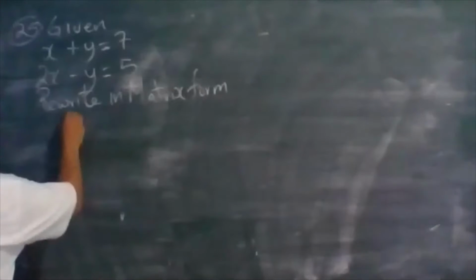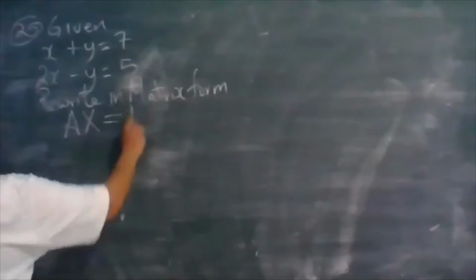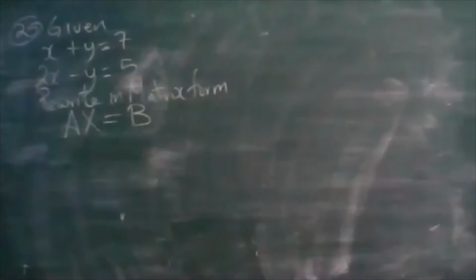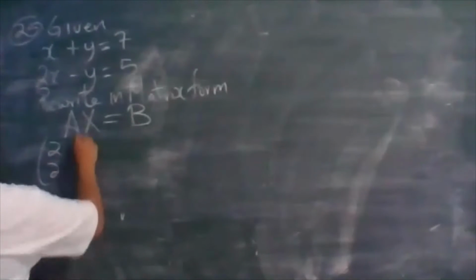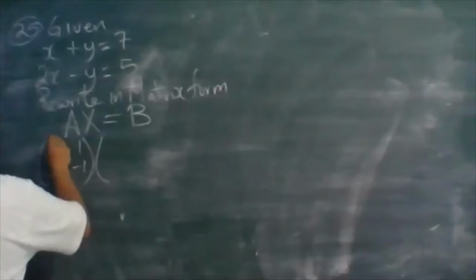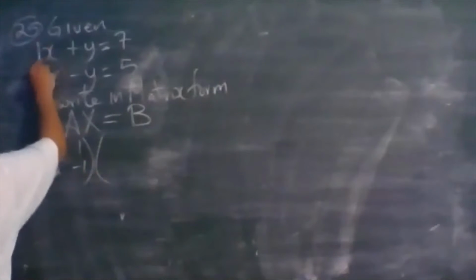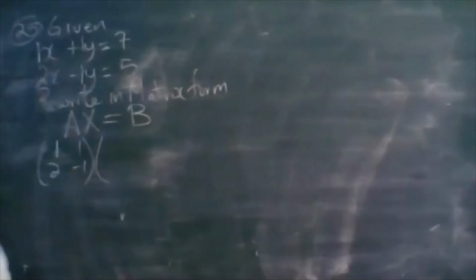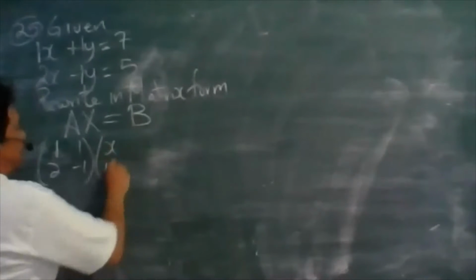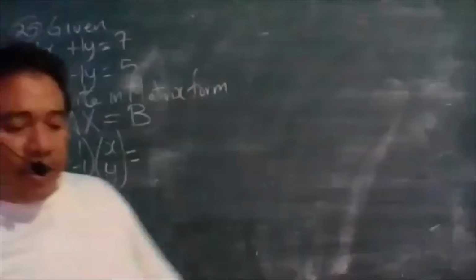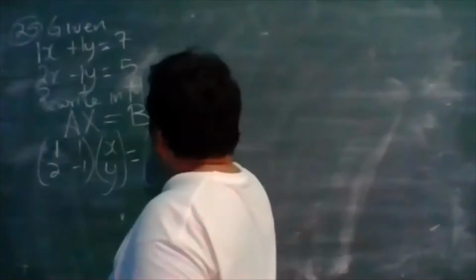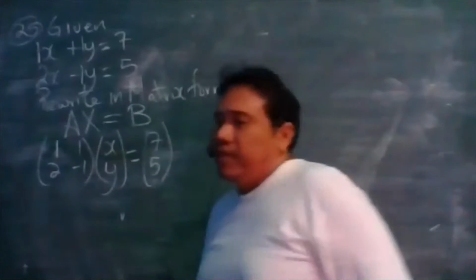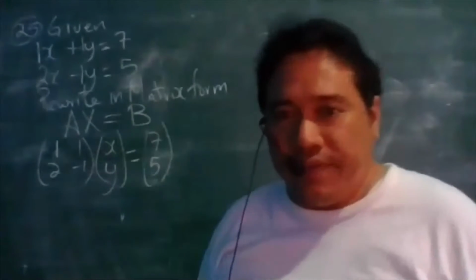And of course the matrix form, you know, is AX equals B. So we're going to have 1, 1, 2, negative 1, because this is a 1, that's a 1, and that's a 1. So 1, 1, 2, negative 1 times x, y equals 7, 5.